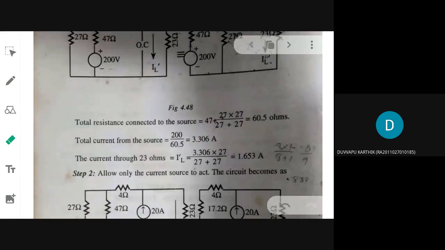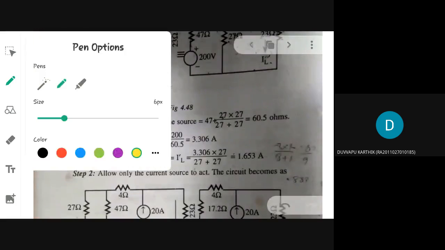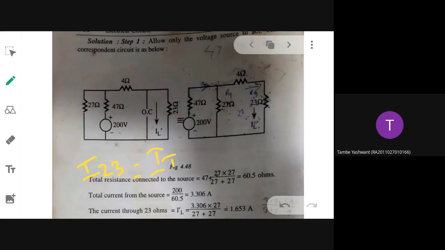By current division, I can find out the current through 23 ohm resistance. So what will be the formula? I23 is what I want. So total current into what is the value of the opposite resistance? 47. This is the resistance that I am considering, 23 ohm resistance.